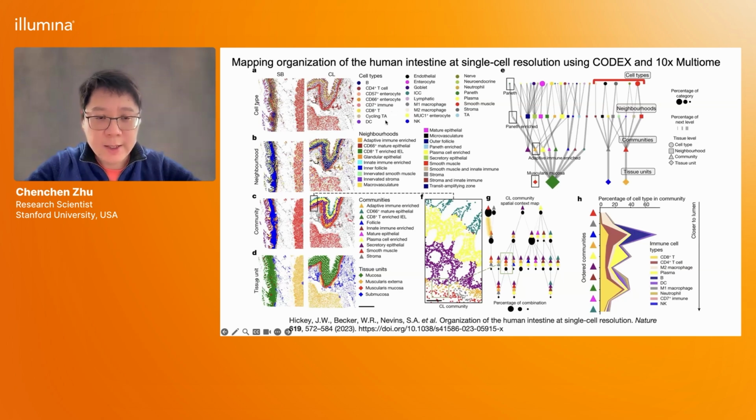Here you can see, when you cluster the cell types together on the spatial map, we can draw out these neighborhoods, and then how the neighborhoods form large-scale communities and what the tissue units are. So you can even see the tissue organization of how the cells are organized for the intestine tissue. And this was published 2 years ago.